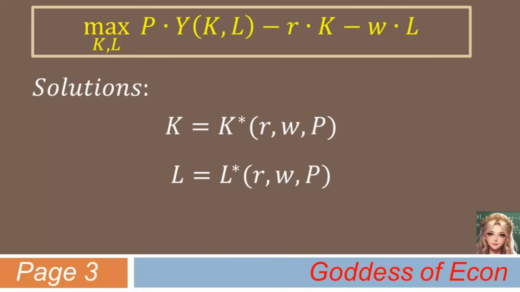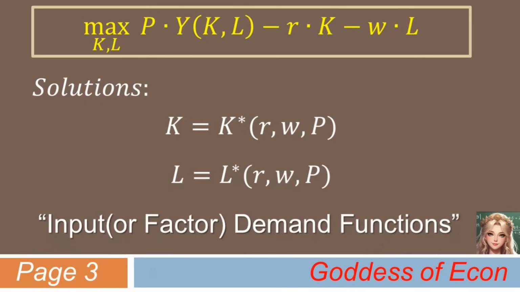The optimal level of K comes out as a function of the prices of inputs and the output, that is, R, W, and P. Similarly, the optimal level of L comes out as a function of R, W, and P. These functions are called input demand functions, or equivalently, factor demand functions. They simply represent the optimal level of each input given R, W, and the output price, P.